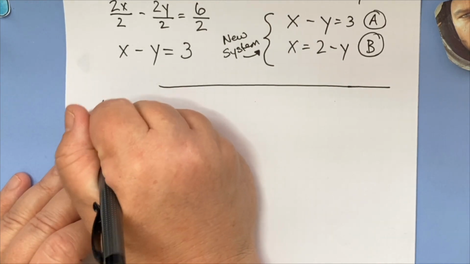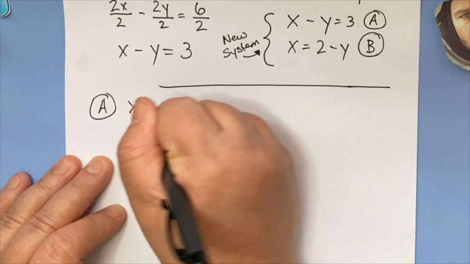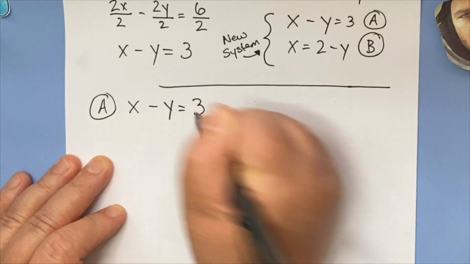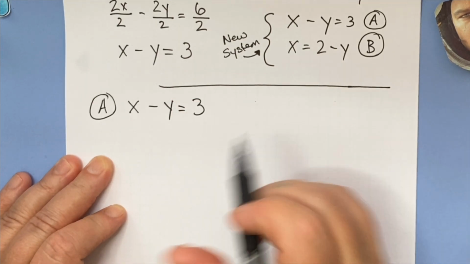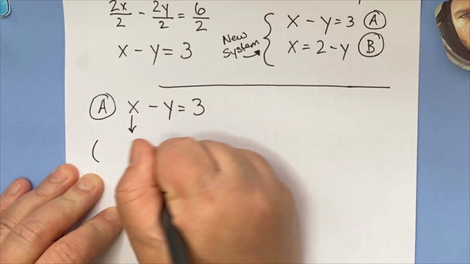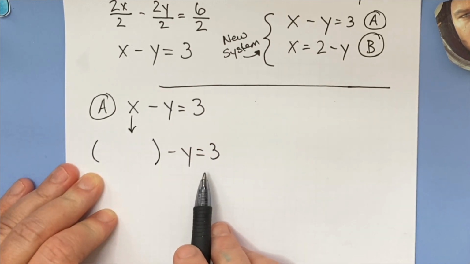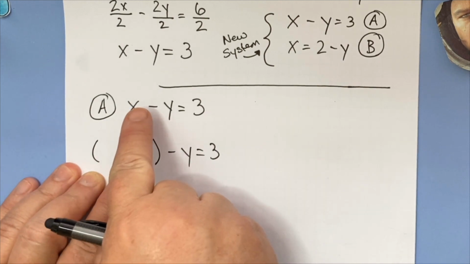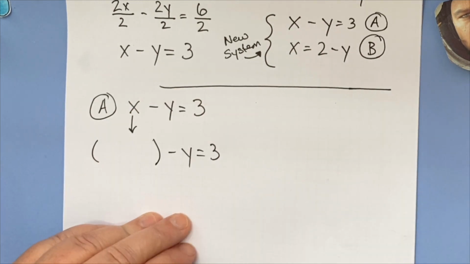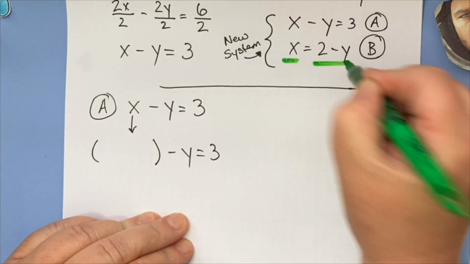So I'm going to take my A equation, x minus y equals 3, and in place of the x, so I'm going to write the whole first equation, but instead of the x, I'm going to write 2 minus y.